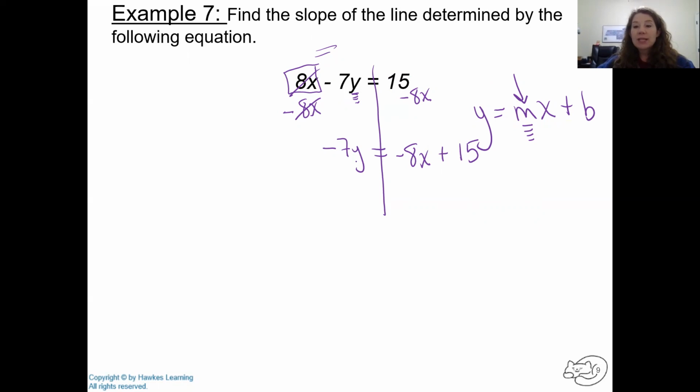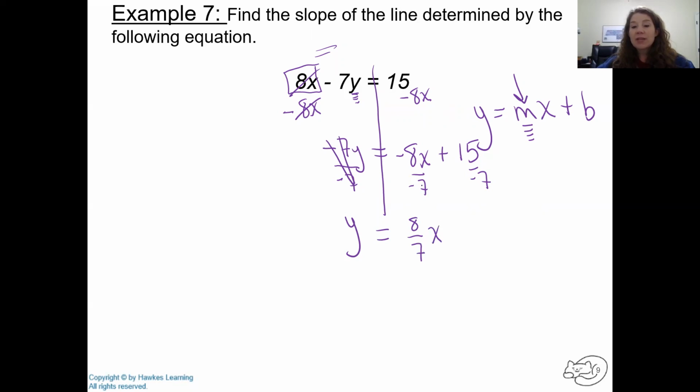So I have to get rid of that negative times negative 7. The only way to get rid of a times negative 7 is to divide every single term by negative 7. Negative 7 divided by negative 7 is 1, and 1 times y is y, equals a negative divided by a negative is a positive, and we're going to leave this as a fraction, 8/7 times x.